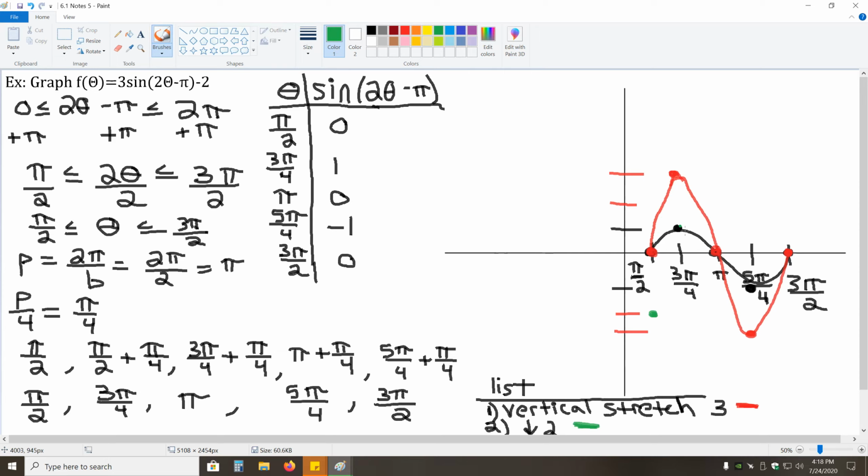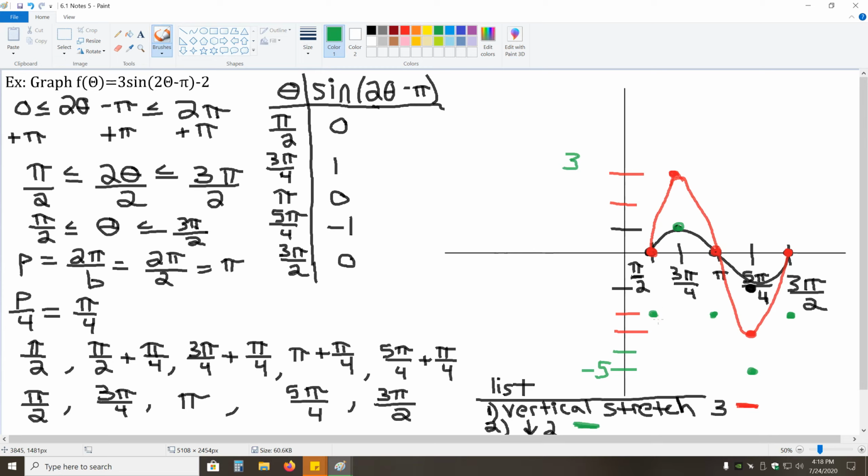This point will go down to 1. This point will be horizontal to this one because they both started at 0 and now they're both at negative 2. And this point will also go down to that negative 2. And finally, this point at negative 3 will go down to negative 5. We'll also make a note that up here we went all the way up to 3.